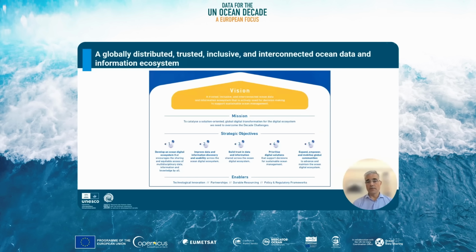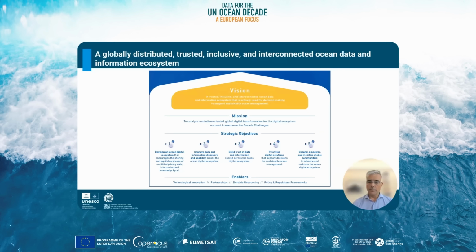Now, this overarching strategy is also composed of 5 strategic objectives that focus on, let's say, the infrastructure that is required for this federated data and information ecosystem, looking at ways to make data more discoverable and more usable. Also, with a third strategic objective focused around how do we build trust in the data, the information, and the system itself, focusing on issues of quality, data provenance, terms of use, and so on.